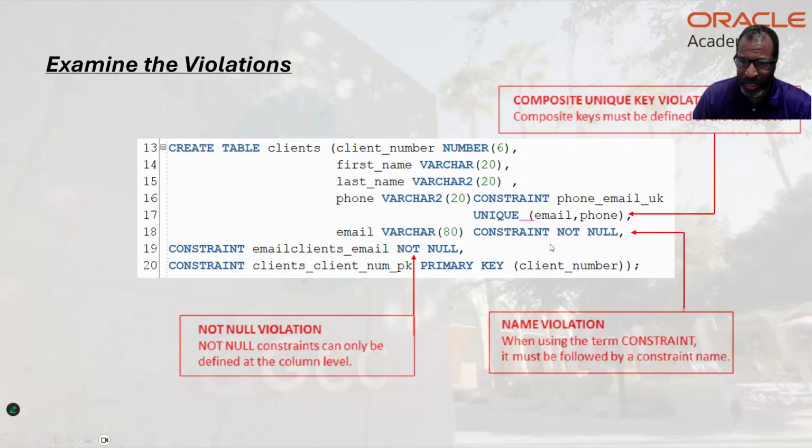We have a naming violation: we have constraint and no name. And then we have a not null at the table level, which we just said has to be at the column level. Does everyone see that as far as issues with this create table query's constraints? Thumbs up.